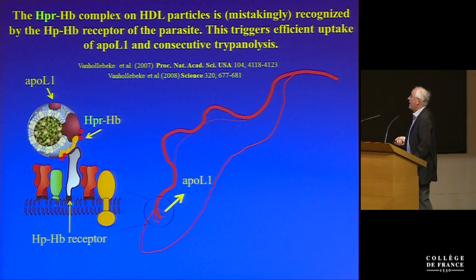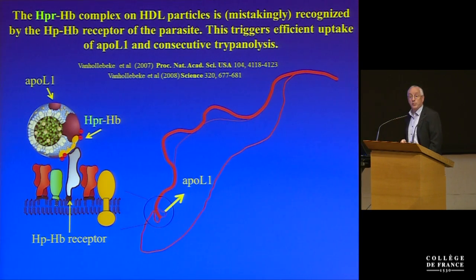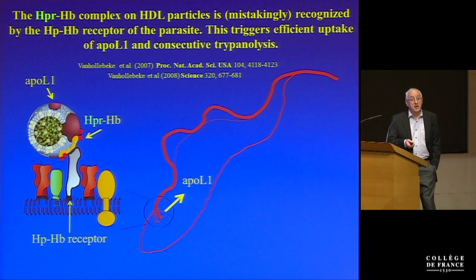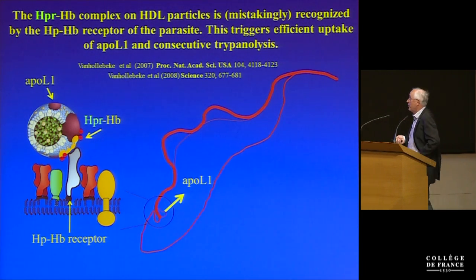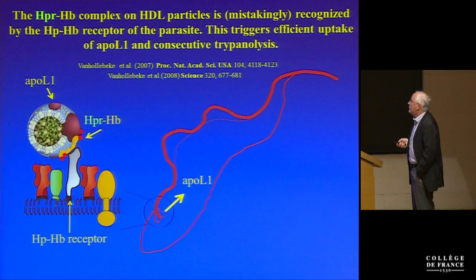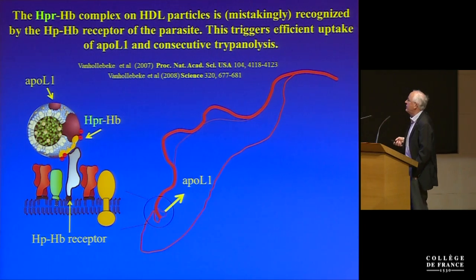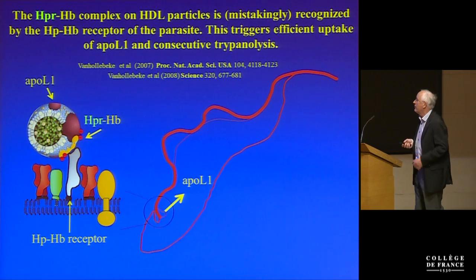Because this allows the parasite to internalize the complex between haptoglobin and hemoglobin, and trypanosomes like to have heme from hemoglobin. They don't care about both HP and HB, they readily destroy them, but they keep heme that is present in hemoglobin, and this allows the parasite to somehow resist the oxidative response of the host, and it's also a growth factor for the parasite.